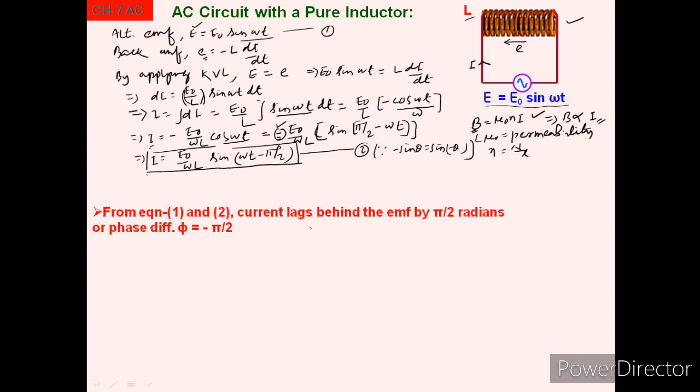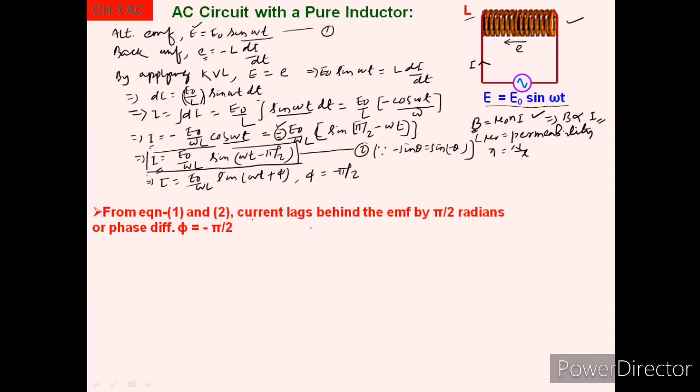When we compare equations 1 and 2, we see that the current has a phase difference of minus pi by 2. If we write I is equal to E naught by omega L sin of omega t plus phi, then we can see that phi is equal to minus pi by 2.